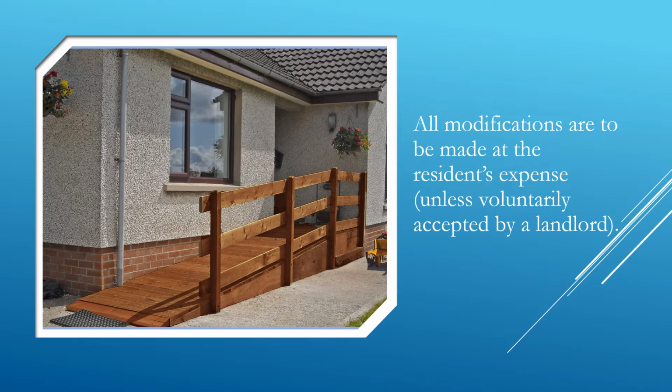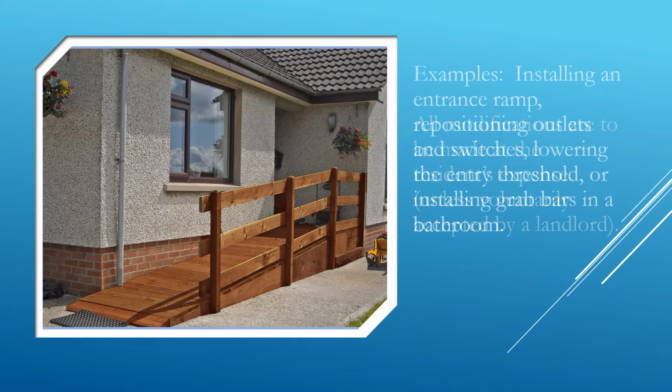All modifications are to be made at the resident's expense, unless voluntarily accepted by a landlord. Examples include installing an entrance ramp, repositioning outlets and switches, lowering the entry threshold, or installing grab bars in a bathroom.